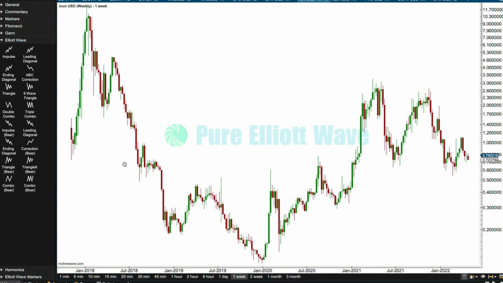The one thing I am concerned about though is this low is below this low, and this downward movement really does look like a 5-wave movement, not a 3. Although it also could be a multiple zigzag.